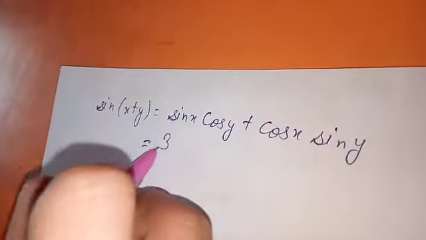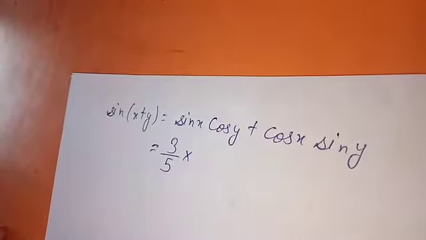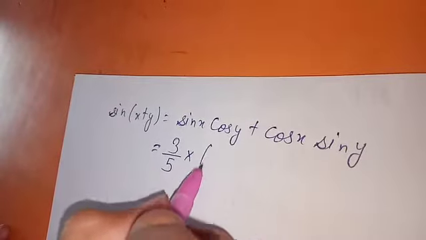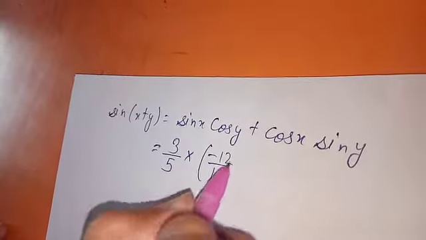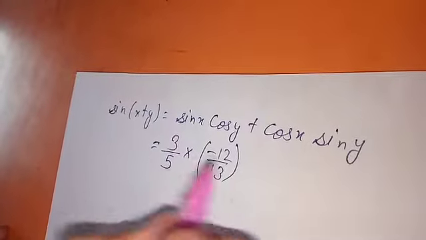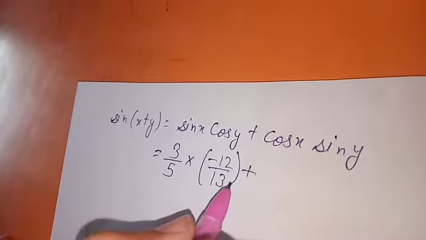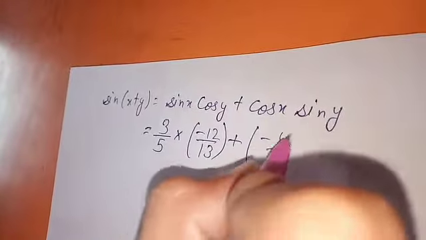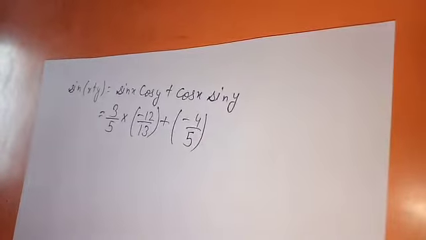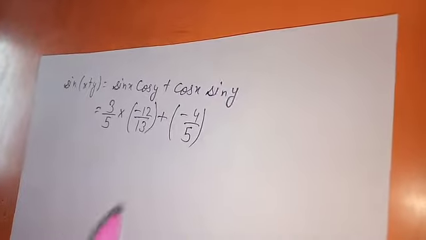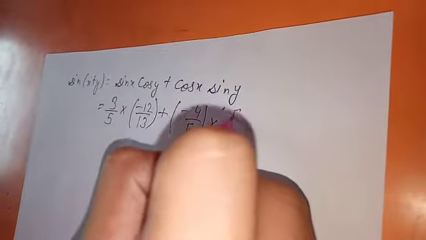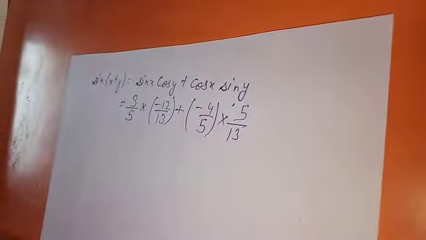Sin x is 3 by 5 into cos y is minus 12 by 13 plus value of cos x is minus 4 by 5 into, and value of sin y is 5 by 13.